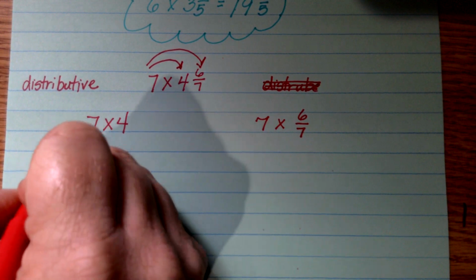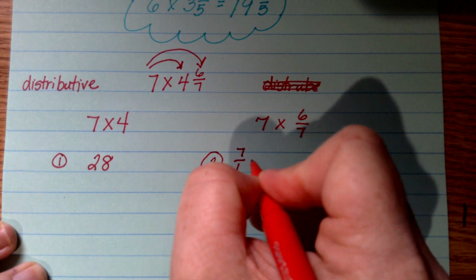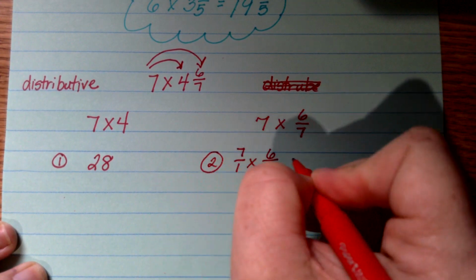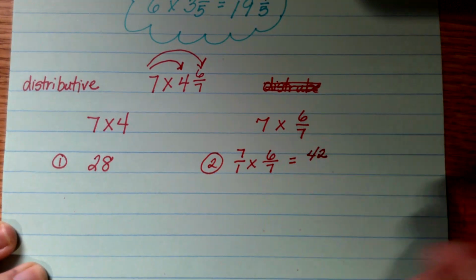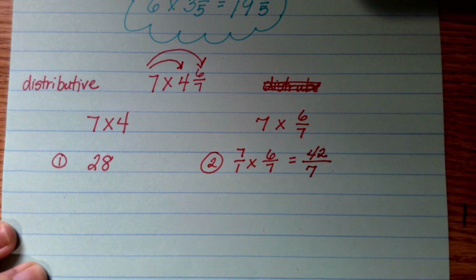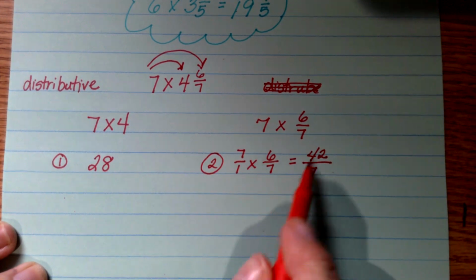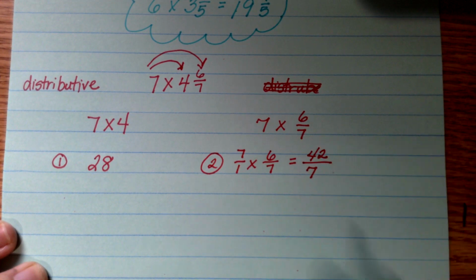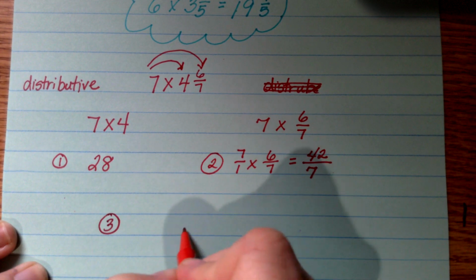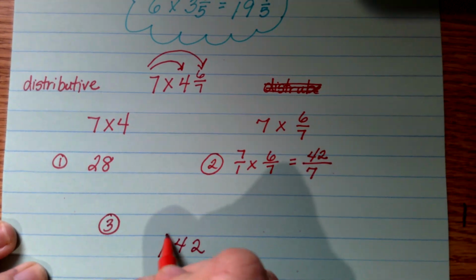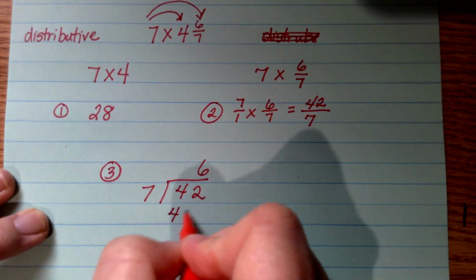That was step 1. Step 2 is we place the 7 over 1 and we times 6/7. 7 times 6 is 42. And we have 42/7. So the really cool thing about that, we know that 7 times 6 is 42. So if we divide 42 by 7, which is step 3, we make that a mixed number. 42 divided by 7 is 6. 6 times 7 is 42.